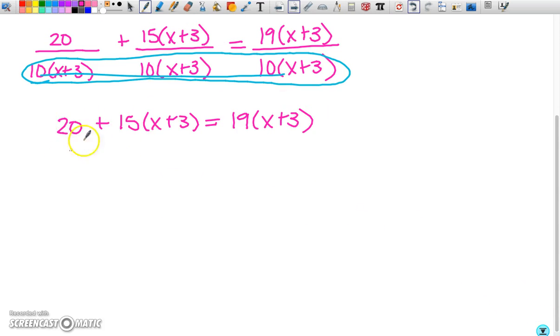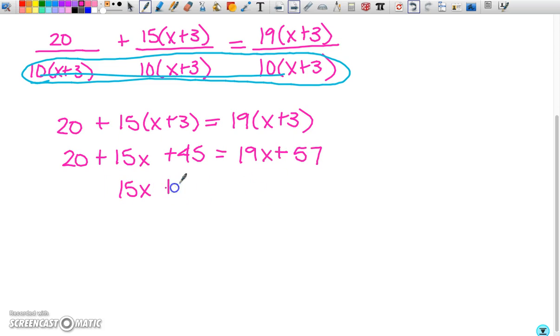So go through the motions and do your distributive property first. 20 plus 15x plus 45 equals 19x plus 57. Combine your like terms: 15x plus 65 equals 19x plus 57. I'll go ahead and subtract 15x from both sides of the equation.